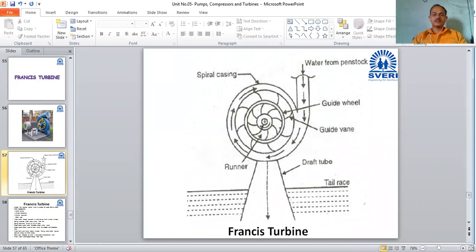Those who do not get the working of this turbine, see here.